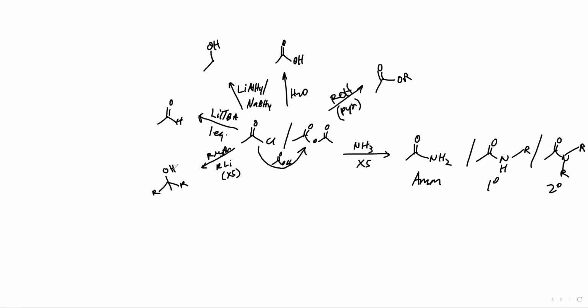Okay. Again, another thing we're going to see going forward from these derivatives is that Grignards basically make tertiary alcohols. So is there a way to make a ketone, right? Is there a way for me to stop at the ketone? For the acyl halide and the anhydride, there is, right? That's going to be the Gilman reagent, R2CuLi, and these guys will stop at the ketone.